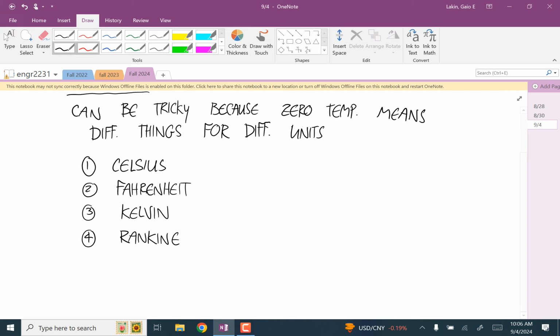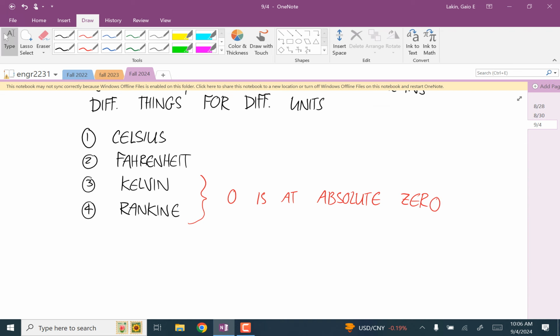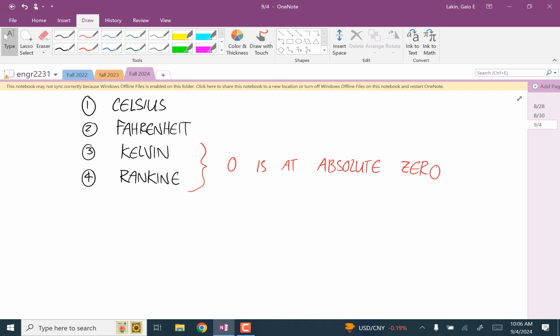We're not going to use Rankine much, but basically, Kelvin is Celsius, but it's shifted so that 0 is absolute 0. Rankine is Fahrenheit, but it's shifted so 0 is absolute 0. So these are the two that have 0 at absolute 0. And so we need ways to convert back and forth between these.